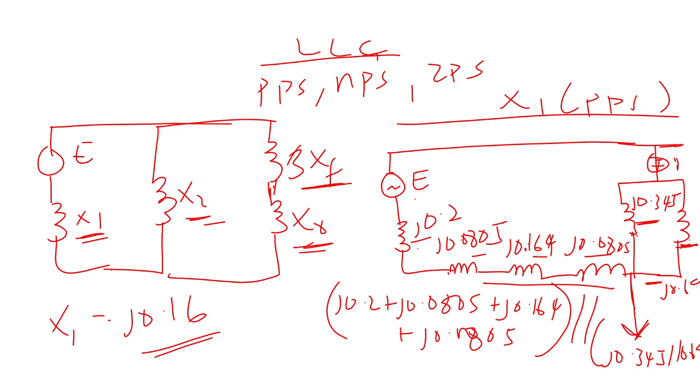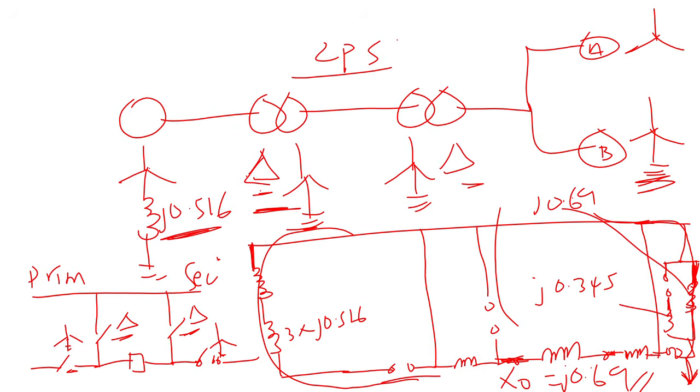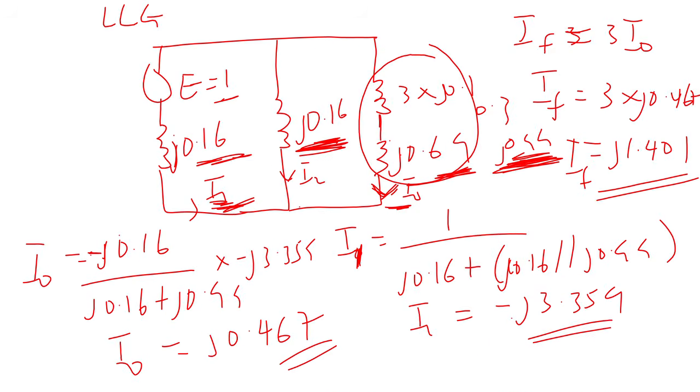What it means is that I'm going to go through the same process of finding x1. So x1 remains the same, x2 remains the same, x0 also remains the same. The only thing that is going to change is the final diagram. Because for a line to ground fault, the sequence networks need to be put in series.